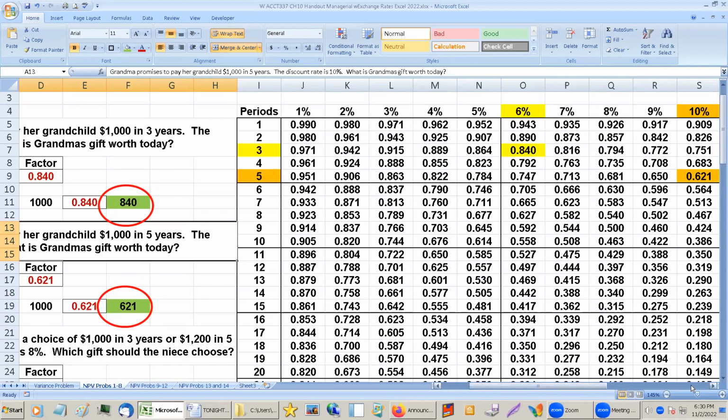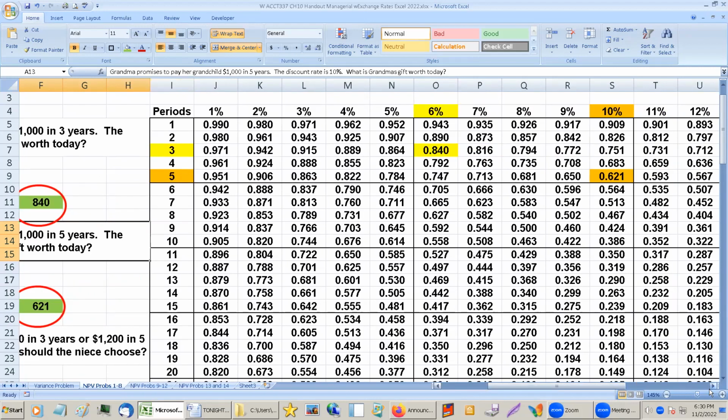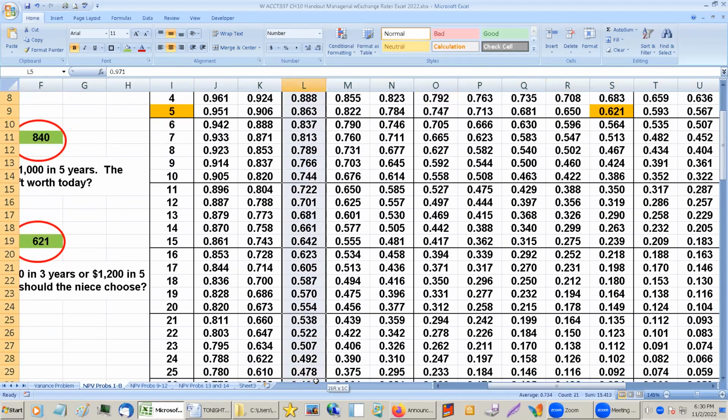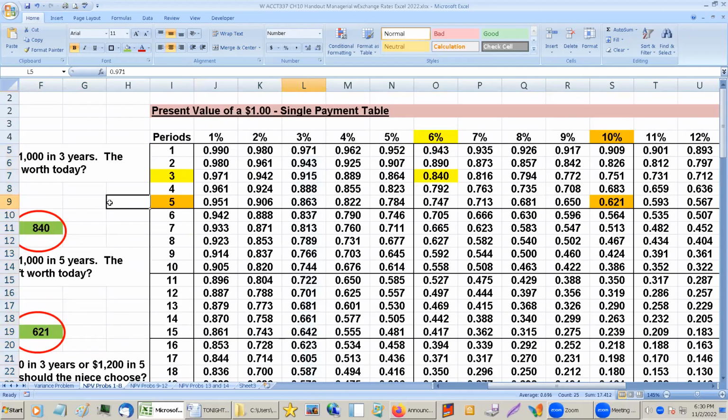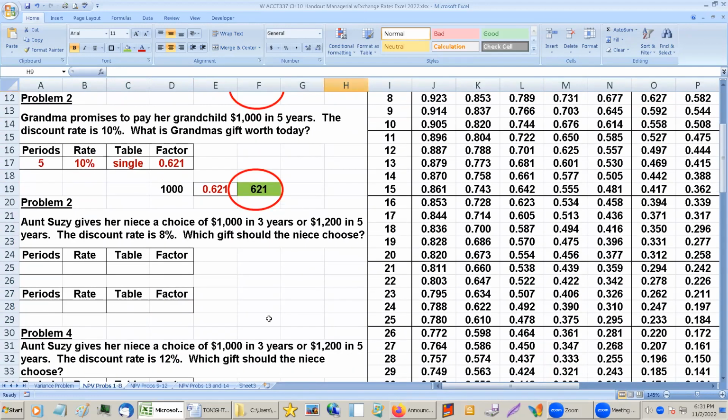Nobody? It has to do with the interest rate. The higher the interest rate, think about inflation, the higher the inflation rate, the less the money's worth. And the longer the period goes on, you'll notice that these all go down in value. This would be problem 3.